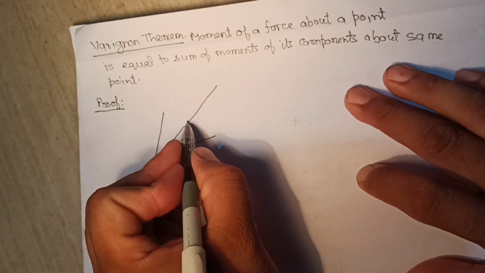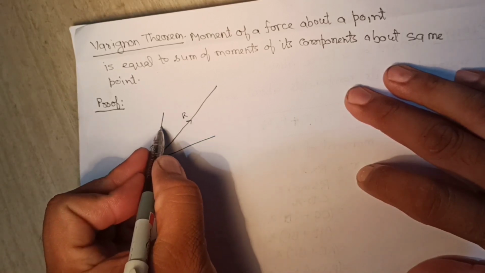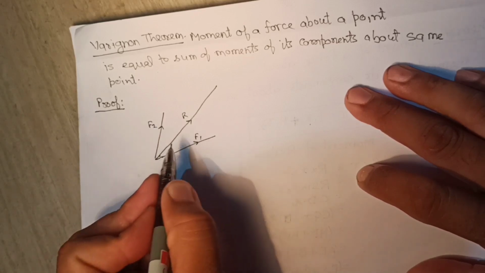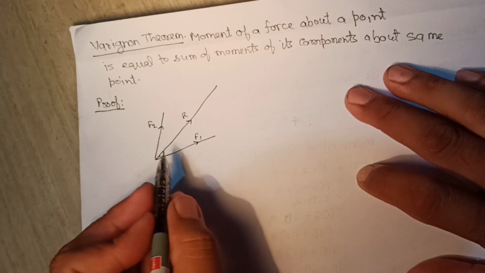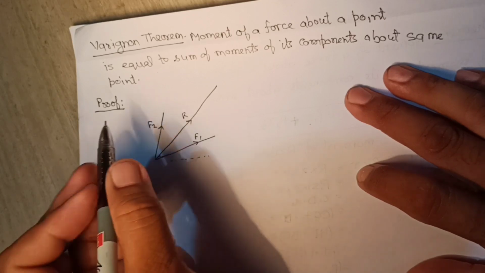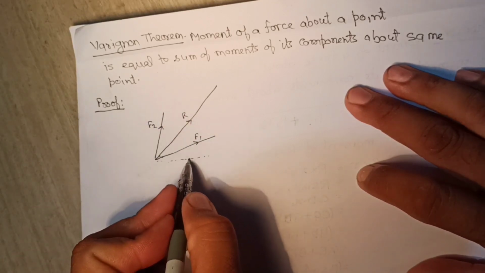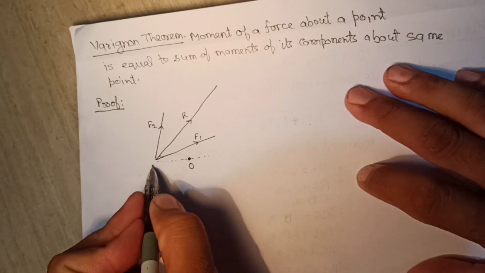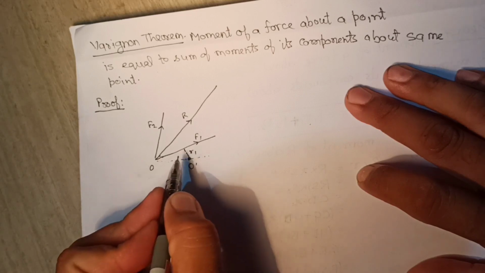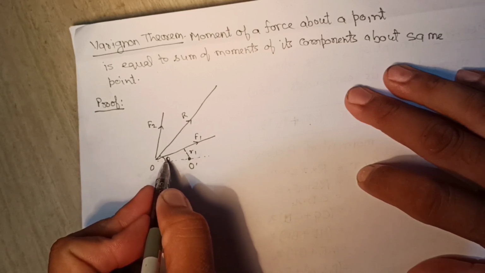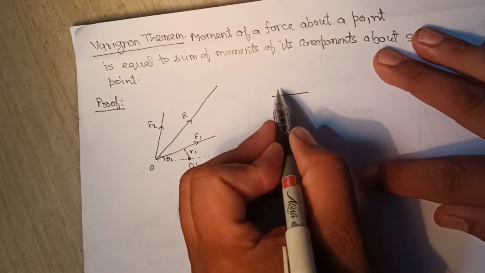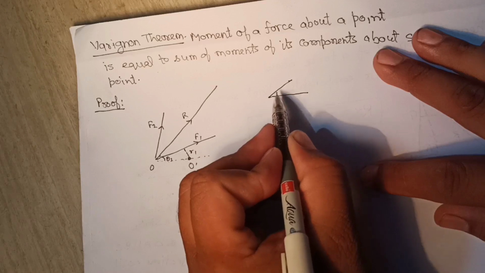Now we will do the proof of Varignon theorem. You can see in the diagram we have the resultant force capital R and its components are F1 and F2. Now, if F1 and F2 are the components of resultant, they will form a parallelogram and capital R will be the diagonal of that parallelogram.